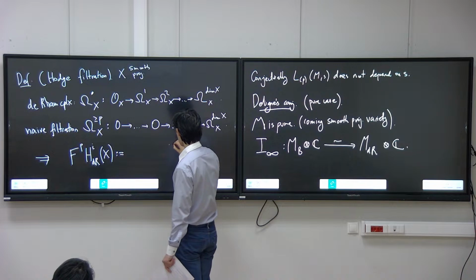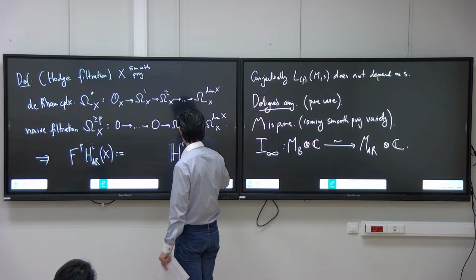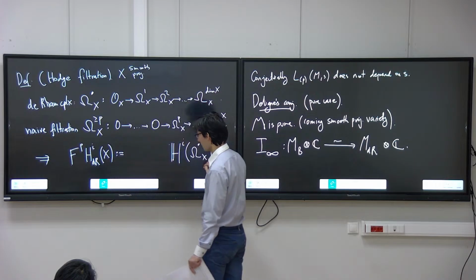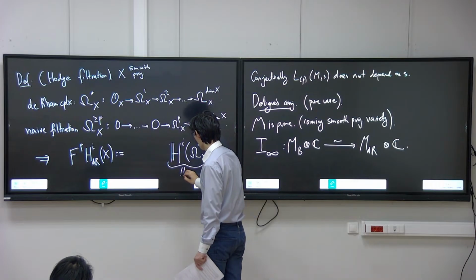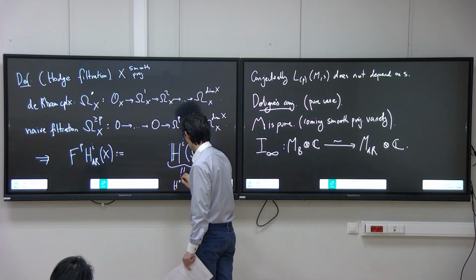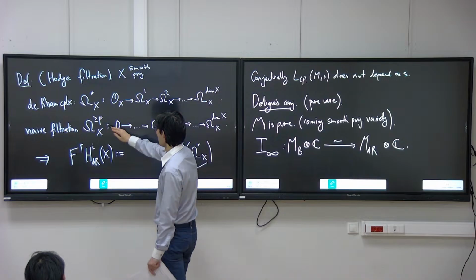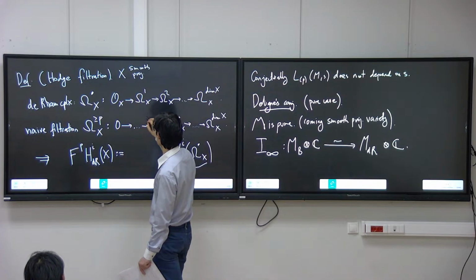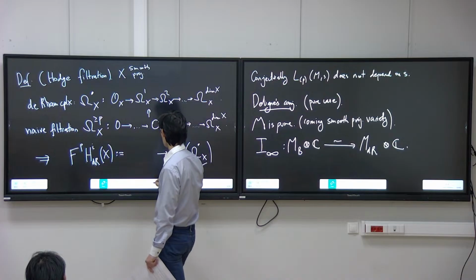It's the i-th hypercohomology of the de Rham complex of X. That's by definition, just in case, the de Rham cohomology of X. And for the naive filtration, there is certainly a map to the full de Rham complex.